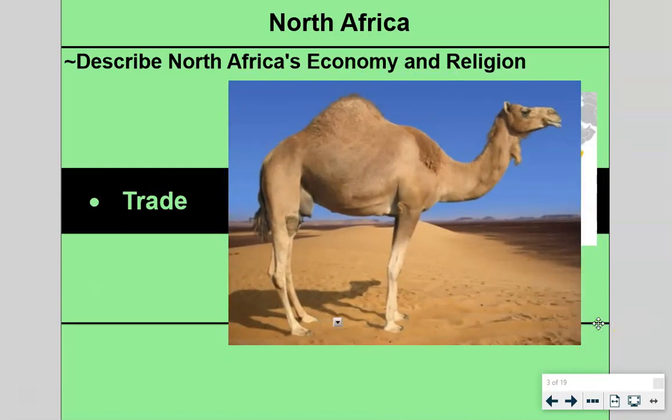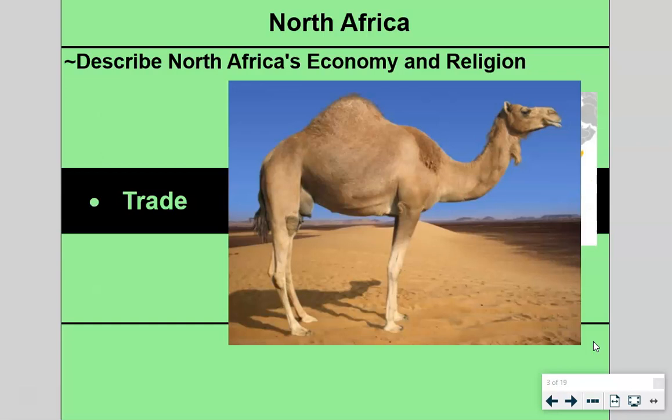Alright, so the camel is very, very important when it comes to trade in North Africa. They fueled trade. They called them ships of the desert because they could be very dependable means of transportation that can transport materials over a great distance. Camels can carry over 500 pounds and they can go 20 to 30 miles a day, oftentimes without water. So camels are a great resource to have when you're trying to trade in an area where it can be difficult to trade.